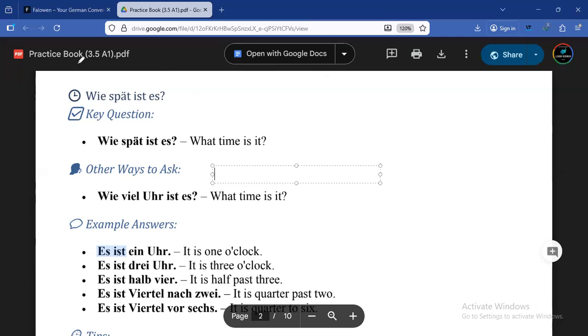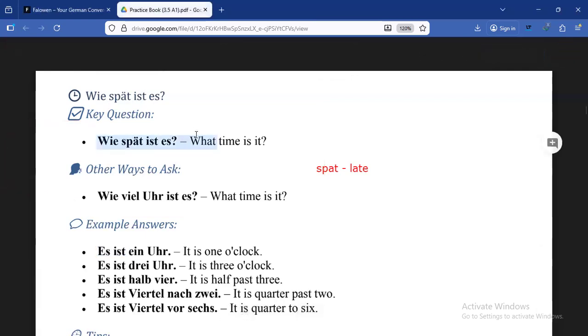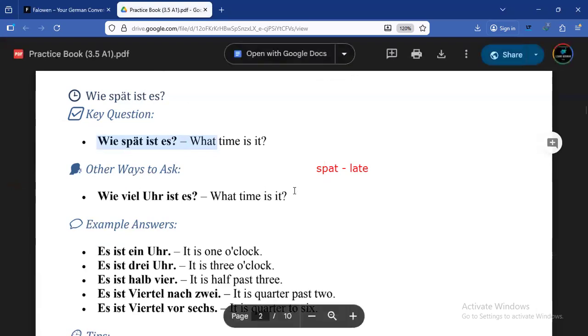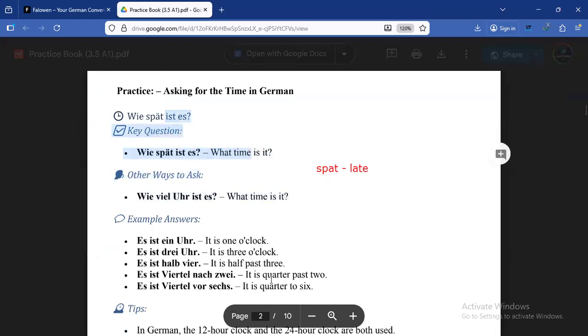In your A1 exam, sometimes they can show you a clock, and all you have to do is ask for the time, right? So kindly put these two pieces of information down. "Wie spät ist es?" implies what time is it? And "Wie viel Uhr ist es?" can also imply what time is it? So that's everything you must know about time, which is asking for the time and saying the time.